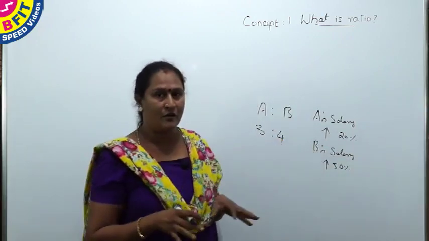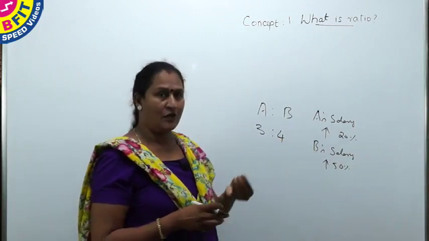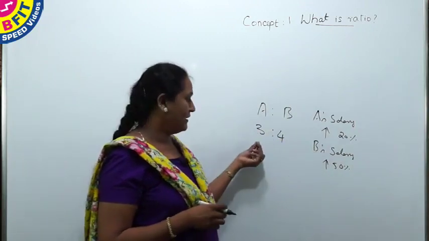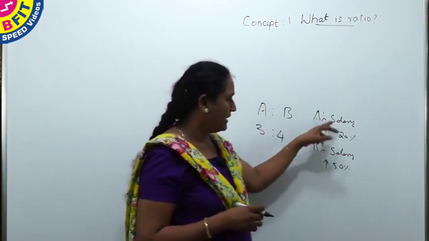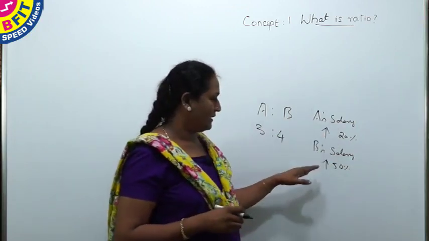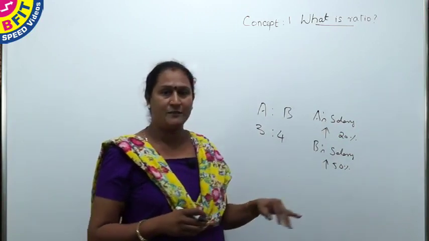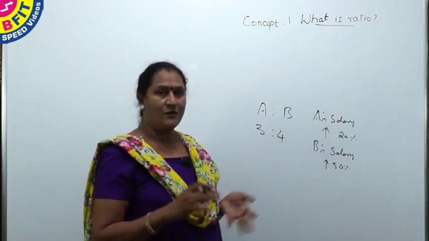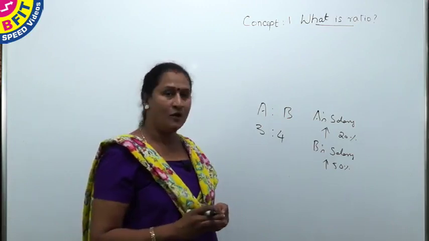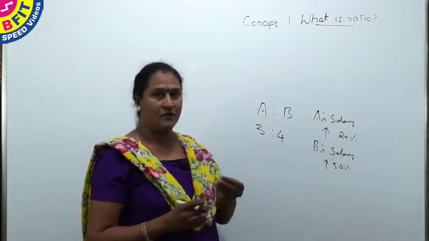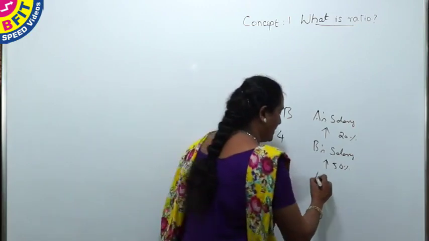I have briefed the question here. We are talking about A and B's salary. It is in the ratio 3:4. A's salary is increased by 20%. B's salary is increased by 50%. And the question will ask what A's salary or B's salary will be. So here we'll take, find A's salary.